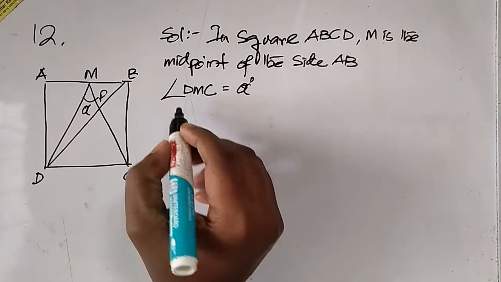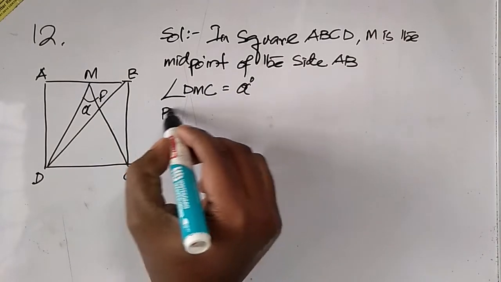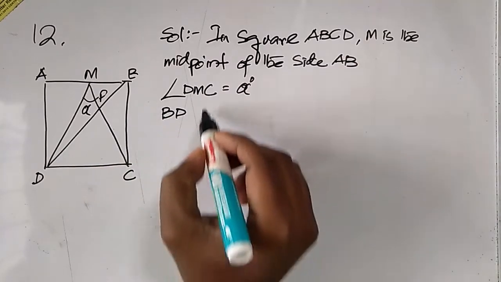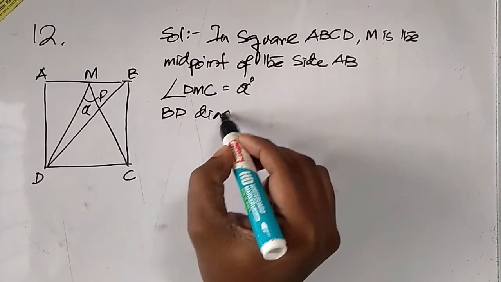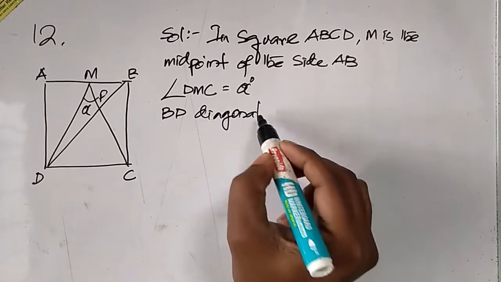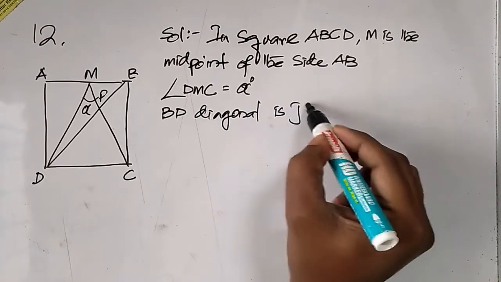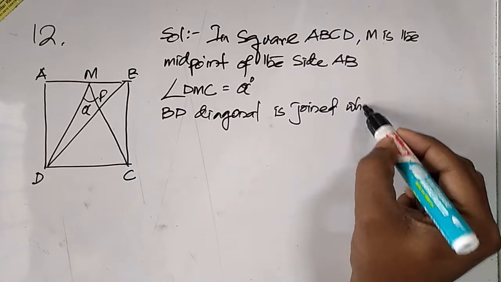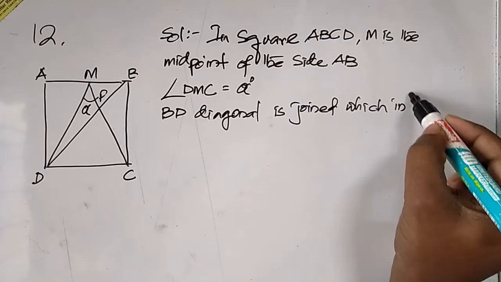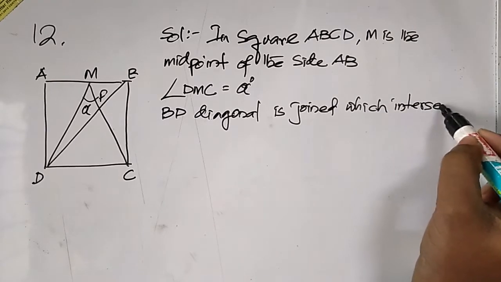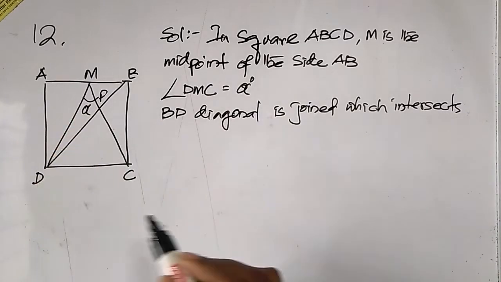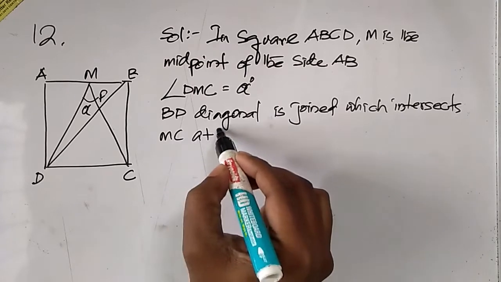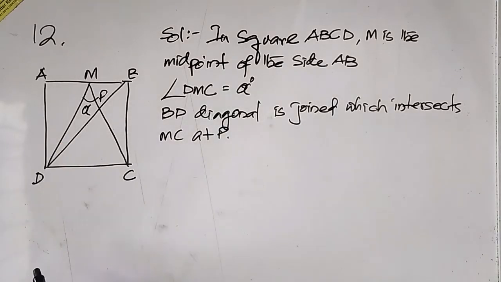Alright, so that's what we'll also be mentioning in the solution. BD diagonal is joined, which intersects MC at which point? At P.